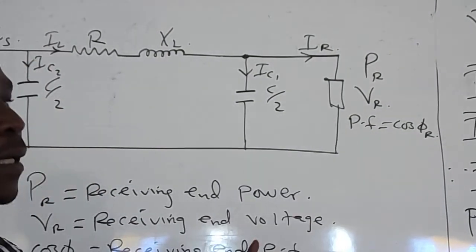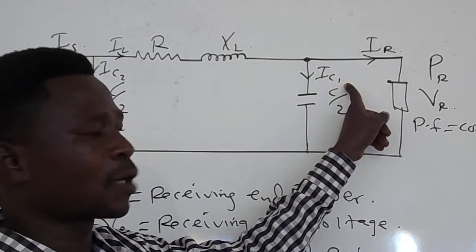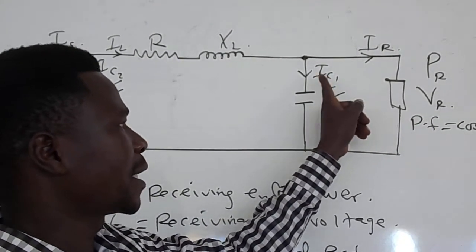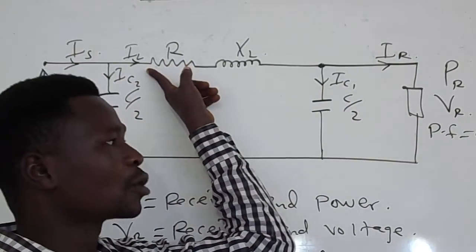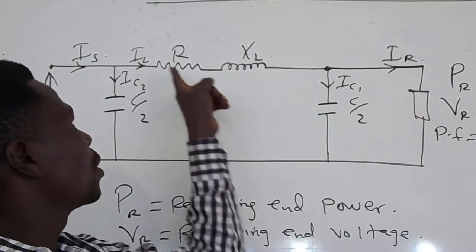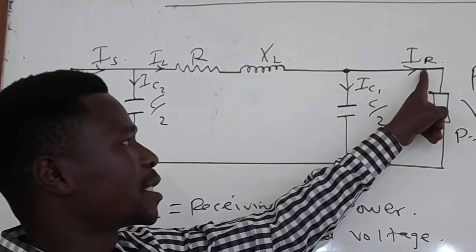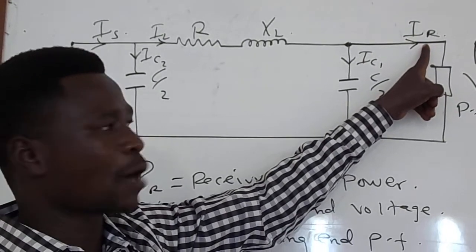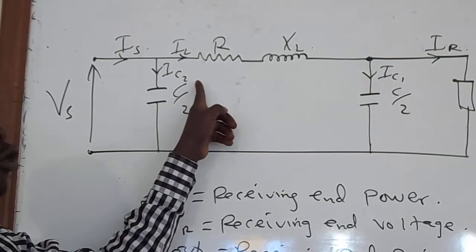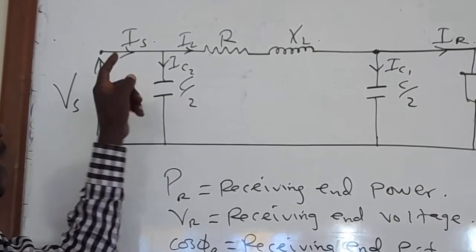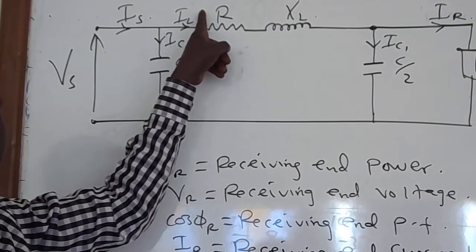Now, by adding a leading current, that is IC1, the current across the capacitor, the line current IL will lag, but not as much as IR. So the line current IL is leading the receiving end current by some angle. At the same time, by adding IC2, you will also realize that the sending end current is also lagging, but not as much as the line current.